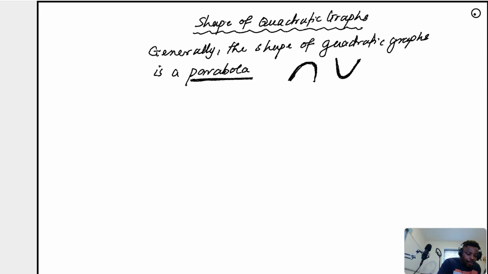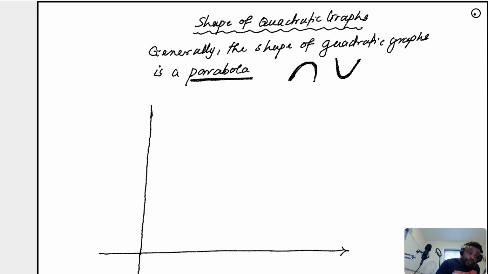Okay, but the first thing you need to understand here is what I'm going to explain now. Let's assume I have this graph. This is the y-axis and this is my x. This is point 0.